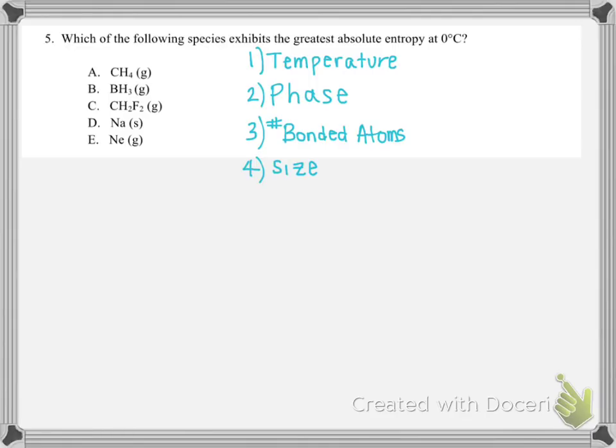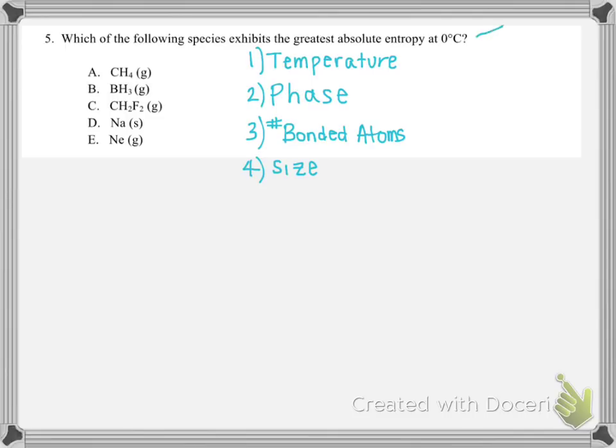Okay, number 5, we have another entropy question. And it's asking us which of the following species will have the greatest absolute entropy at 0 degrees. And so I wrote the things that I consider in order in terms of entropy. So first, I look at temperature.